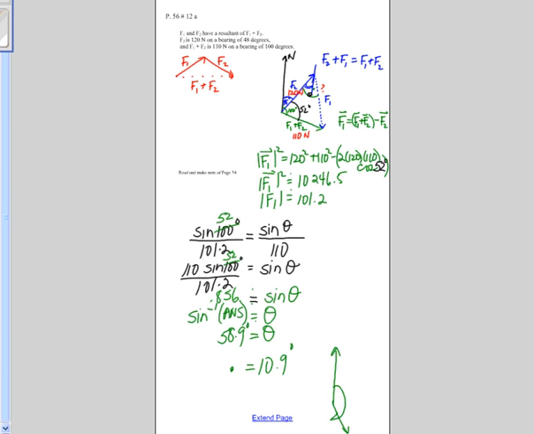That is a bearing of 169.1 degrees. 180, take away my 10.9, just checking my math here, 169.1.